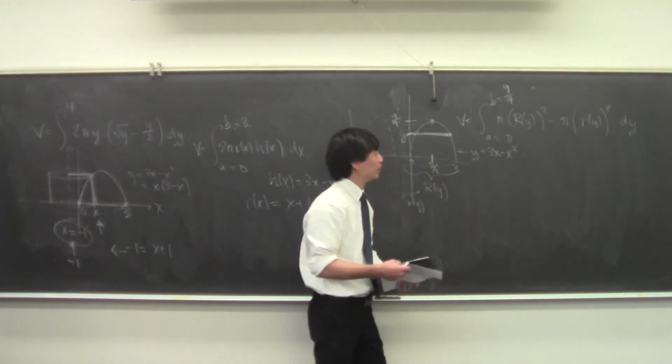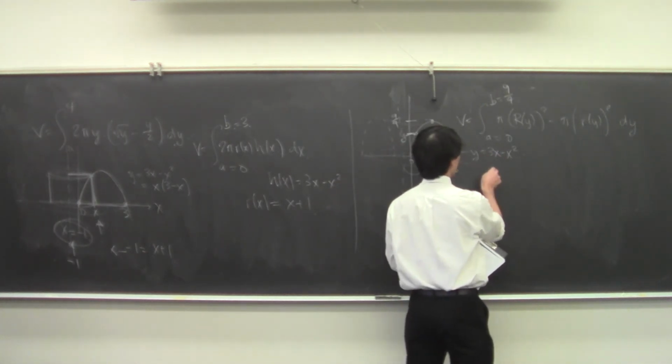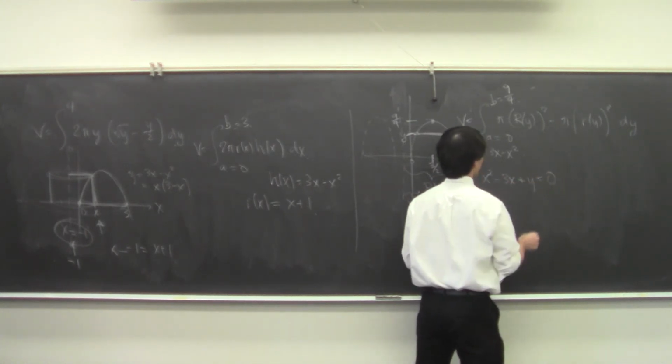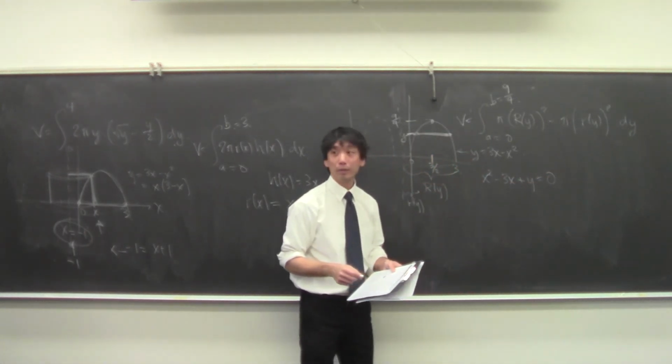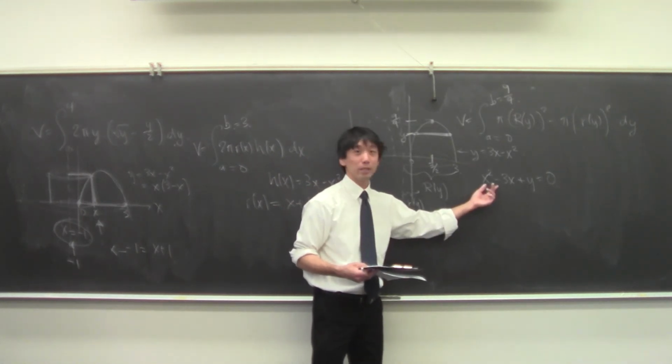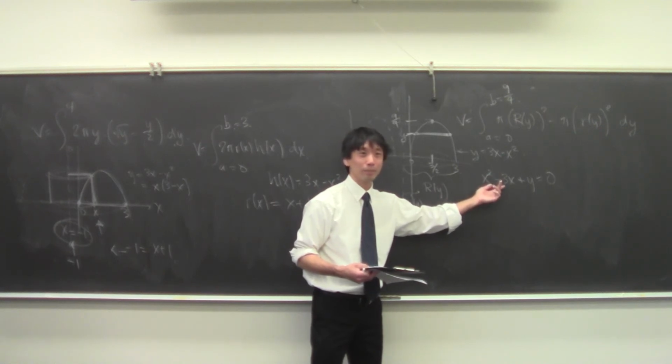Well, you know that x squared minus 3x plus y is equal to 0. So what x satisfy this? You can figure it out using the quadratic formula.